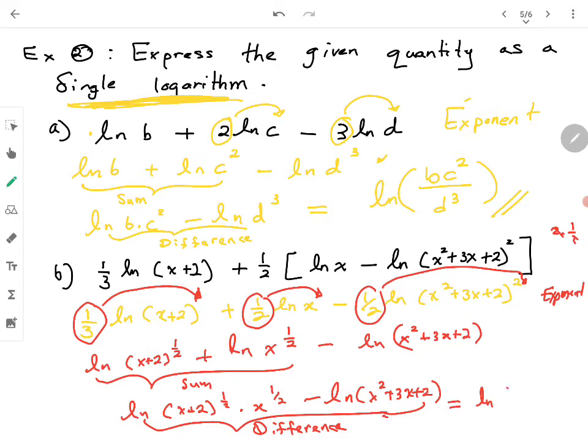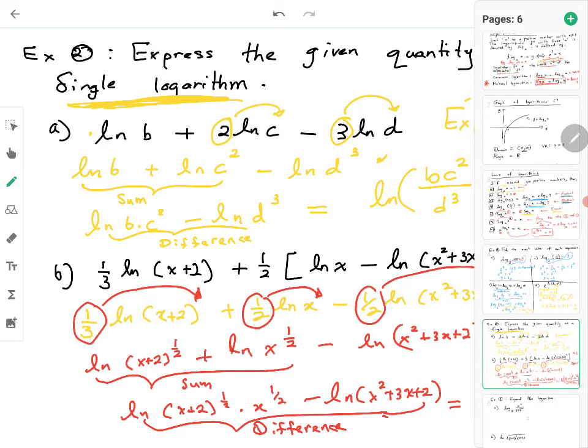So x plus 2 times x, both of them has half power, divided over x squared plus 3x plus 2. So we converted this into a single term. We started with three terms and combined it to a single log term using the log rules.